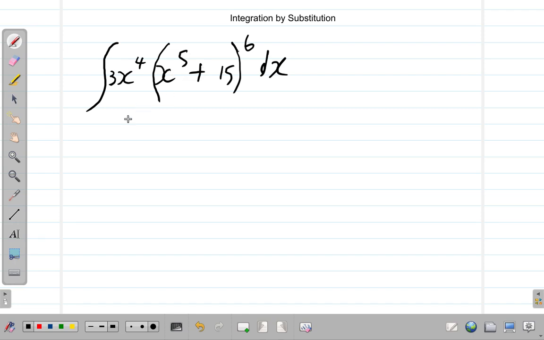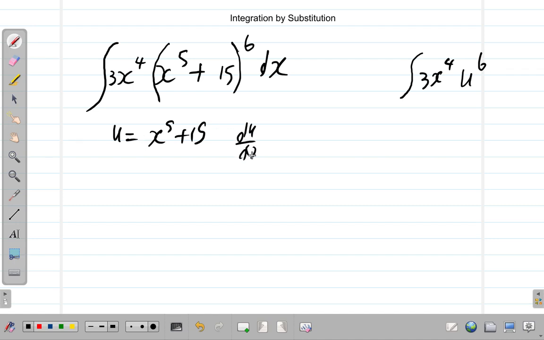Suppose we make the substitution, let u be equal to x to the 5th power plus 15. What we'll be doing here is to make 3x to the 4th times u to the 6th. You see that? And then what would du by dx be?